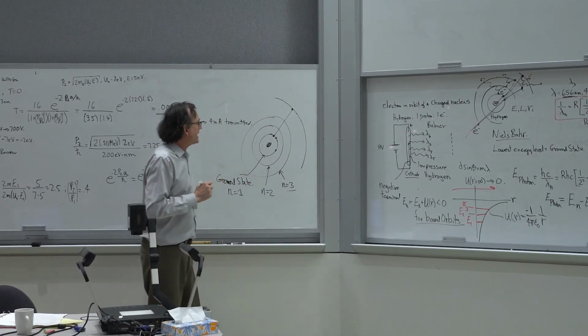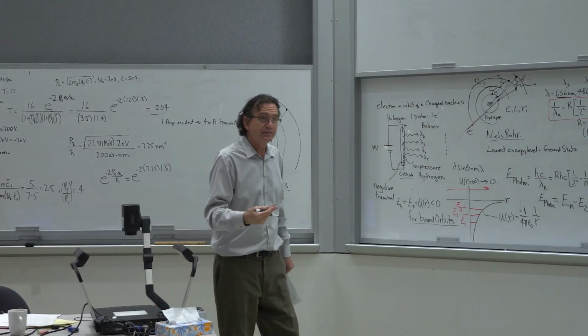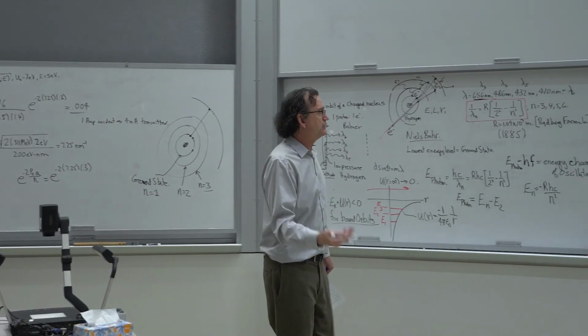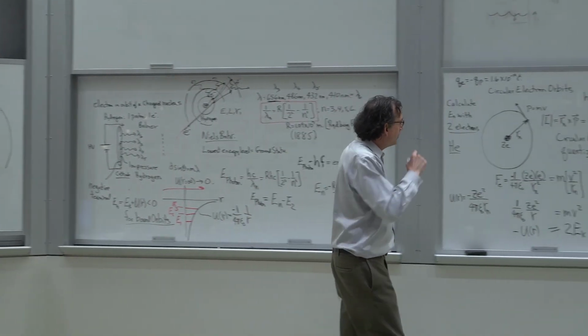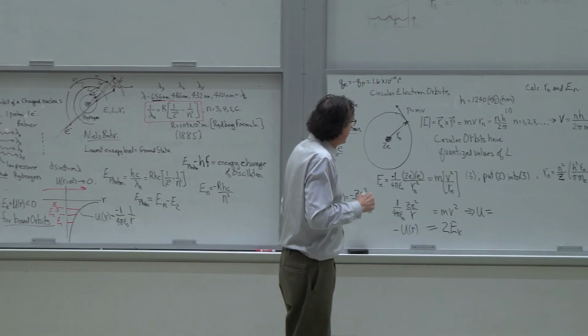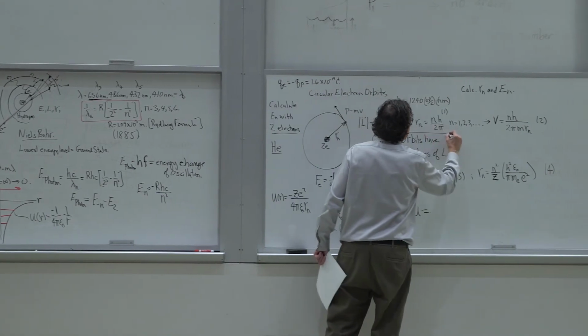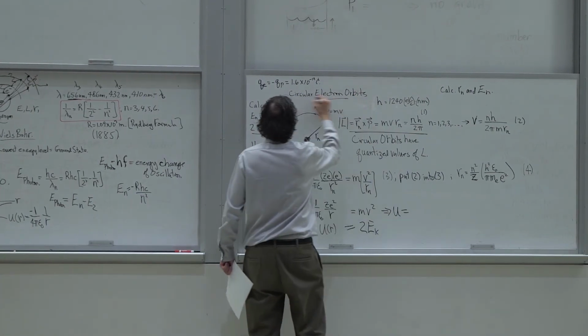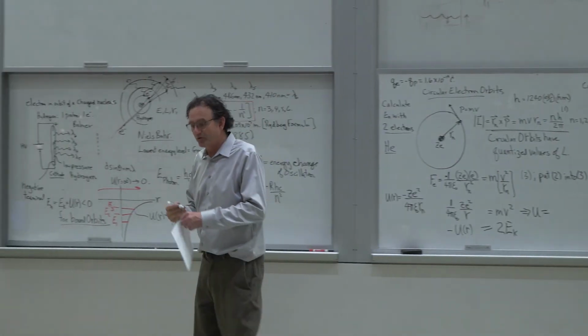And I calculate the energy levels, and they give me the wrong wavelengths. The theory fails when you go to the multi-electron atom. It also fails on conceptual grounds: where did this come from? Why are the orbits circular? Why can't they be elliptical? You know, planets have elliptical orbits.